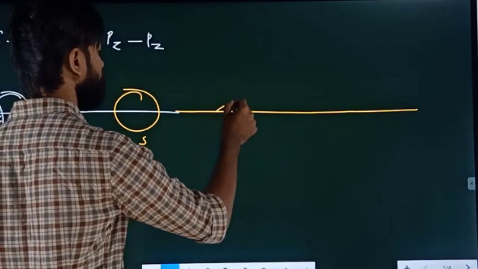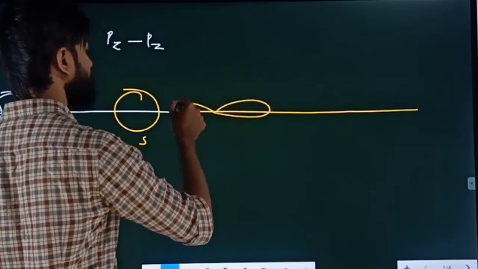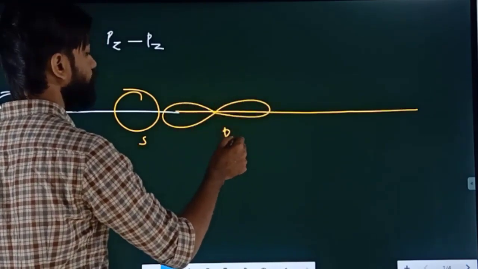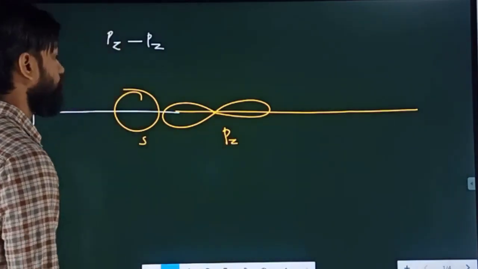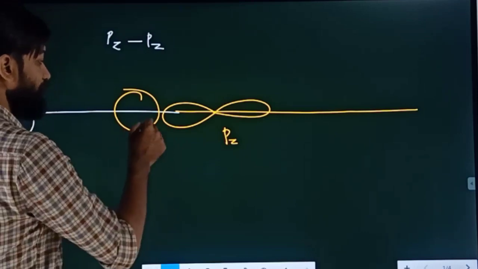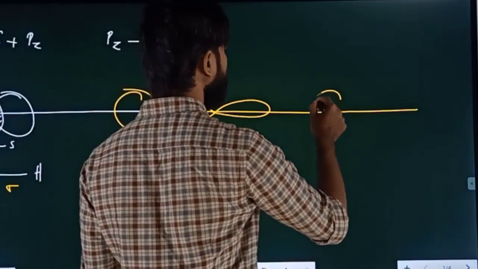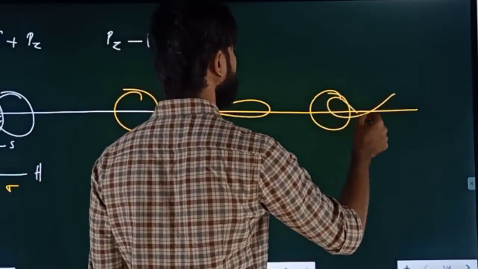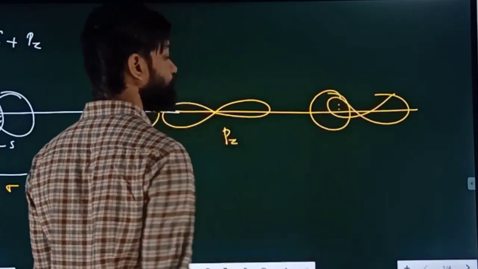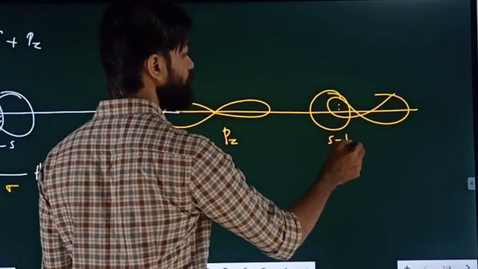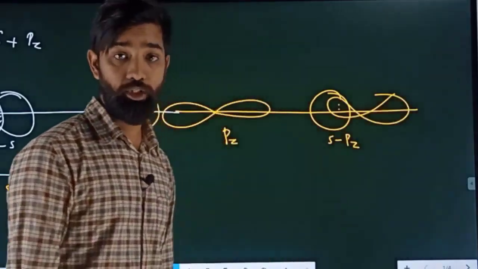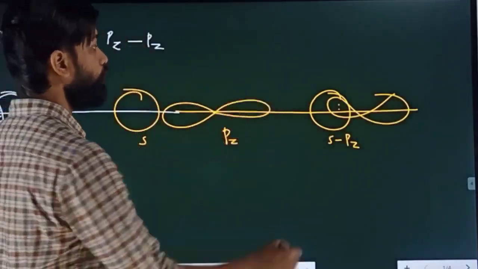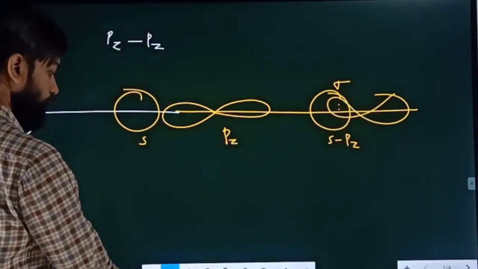Then we know the shape of PZ. PZ is actually along the internuclear axis, right? So when this S and PZ are overlapped, the overlapped structure will be like this. This SPZ overlapping is along the internuclear axis, so the formed bond is a sigma bond.